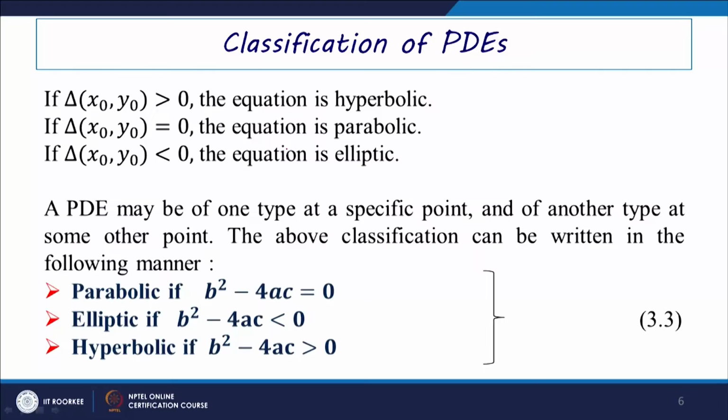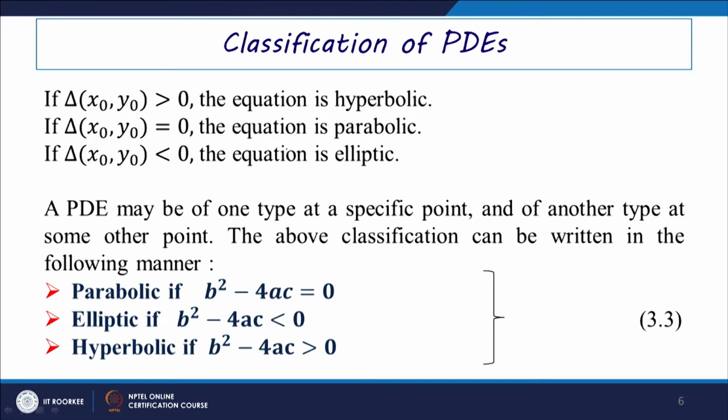So, when we have defined these coefficients in a determinant form, we can classify this partial differential equation as follows. If this determinant is greater than 0, the equation is hyperbolic; if this determinant equals 0, the equation is parabolic; and if this is less than 0, then the equation is elliptic.